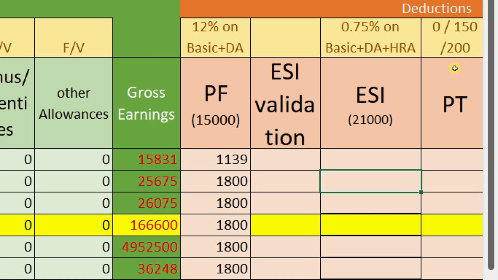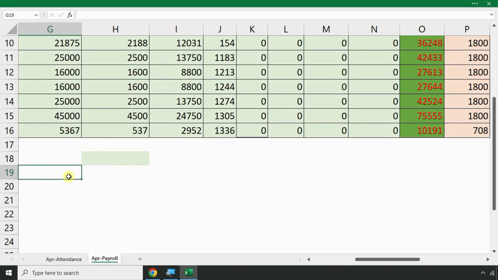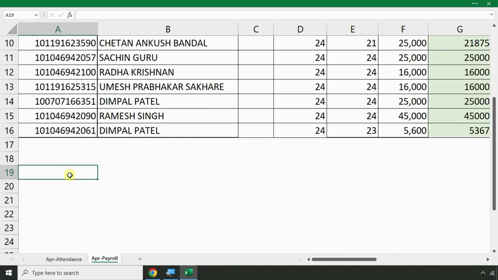Okay? But remember, there is one rule in India. Consider I am in the financial year 23-24. The year will have total how many months?